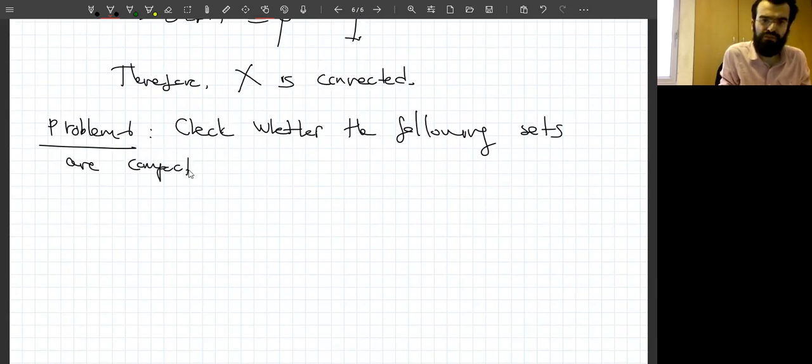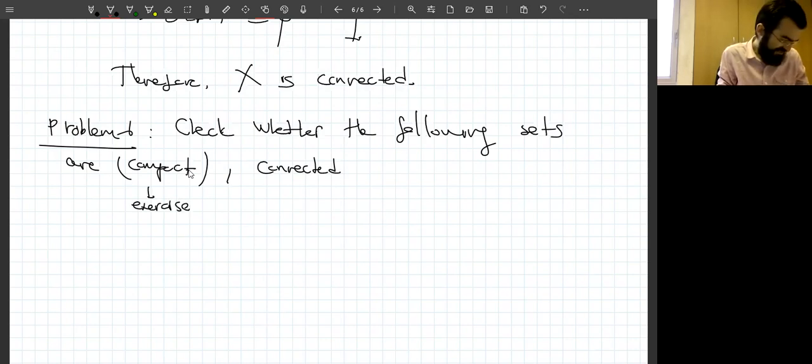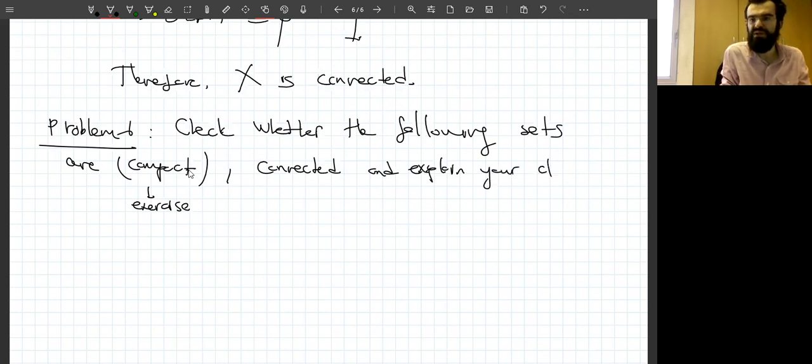I will omit the proof of compactness or non-compactness. I will solve this question only for connectedness. Let me give compactness as an exercise and explain your claim. Okay.